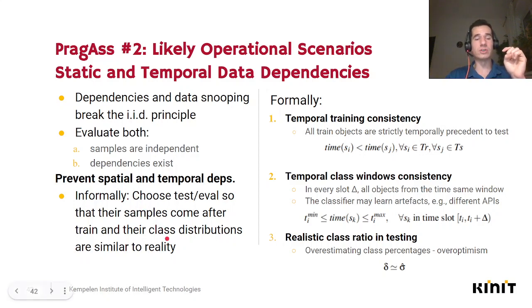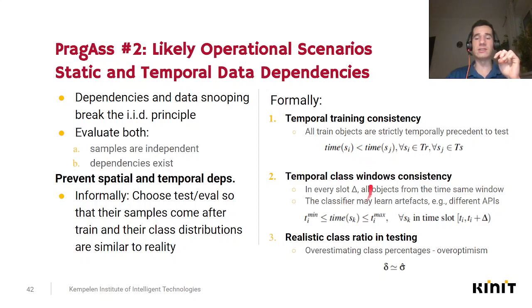And class distributions are similar to reality. These are some formal considerations. As I said, the time of all evaluation and testing data is later than the time in training.